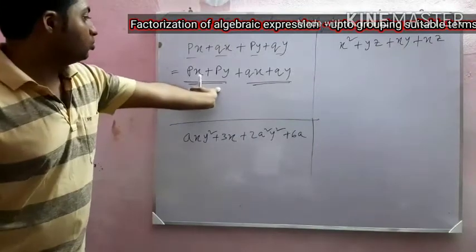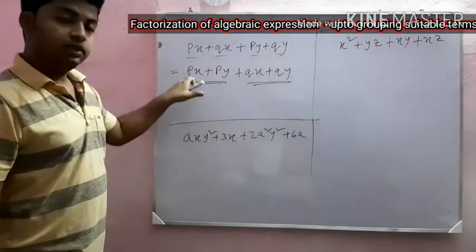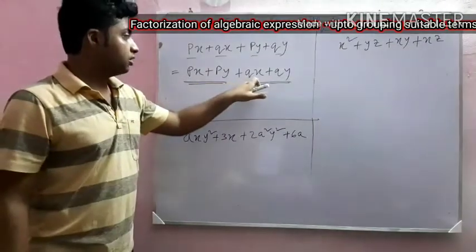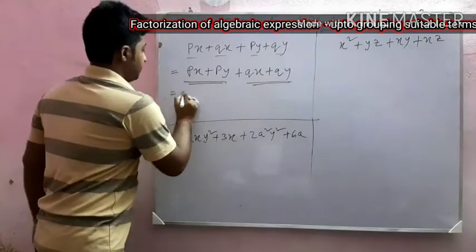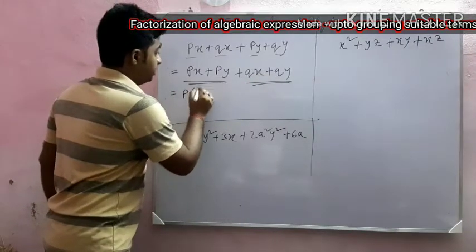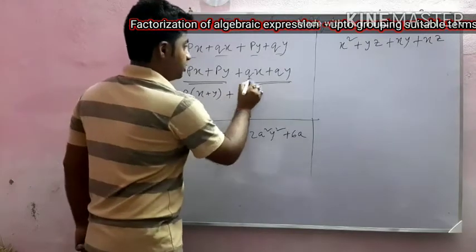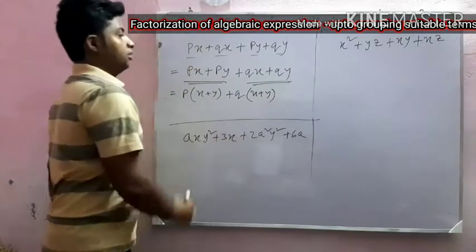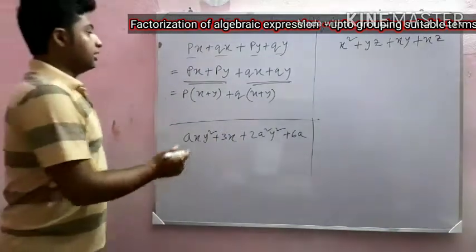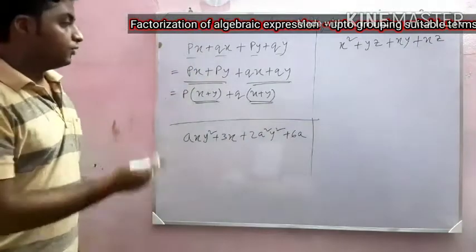Now from the two terms of the first group, I can take p as common, and from the next group I can take q as common. So if I take p as common, this will become p into x plus y, and if I take q as common, q into x plus y. Now again I can see that in the bracket x plus y is the common factor.